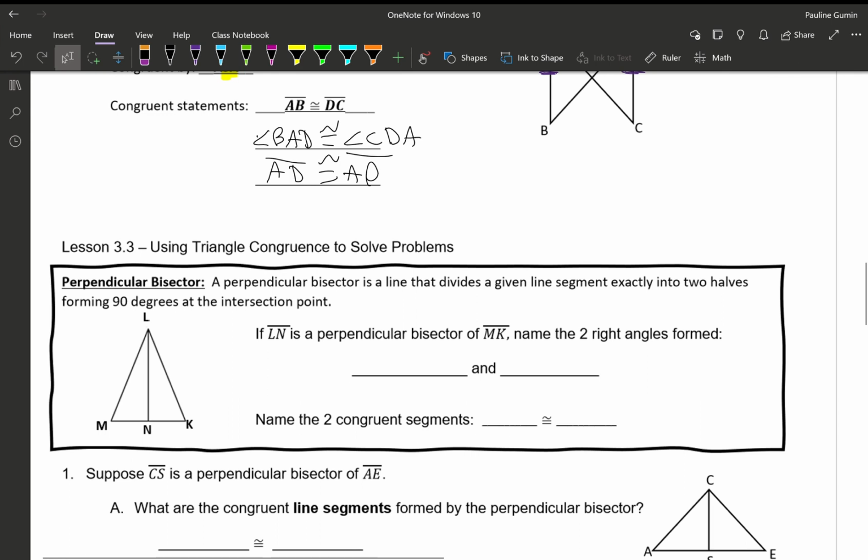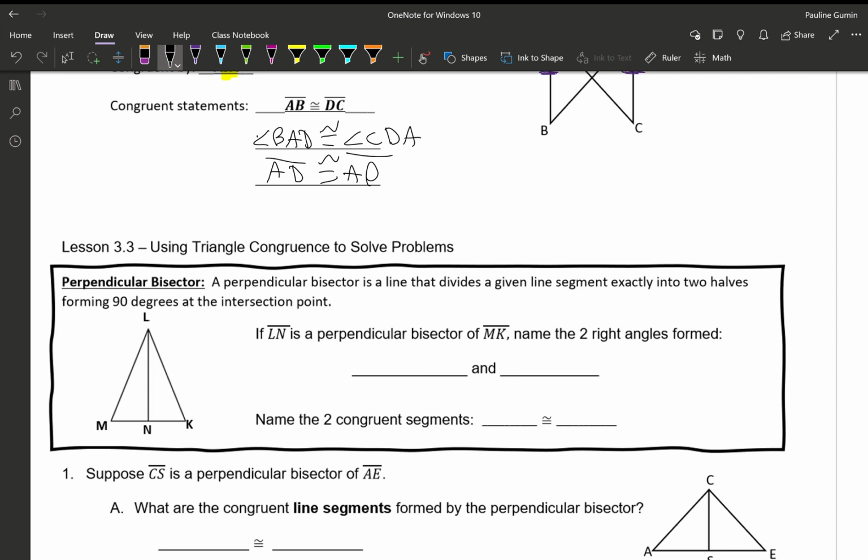All right. Something else that we need to look at in order to continue these proofs are perpendicular bisectors. Perpendicular bisectors are lines that form a 90-degree angle and split something in half. So take a look at this triangle. We have LN. It's the perpendicular bisector of MK.